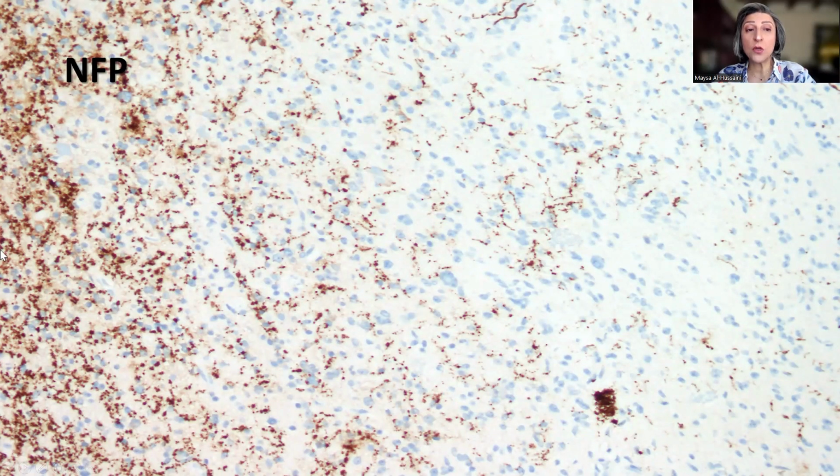This is towards the normal brain, and this is towards the center of the tumor. And as you can see, there is a gradient. The neurofilament protein positivity becomes less and less positive, and this is in the middle of the tumor, almost no positivity.